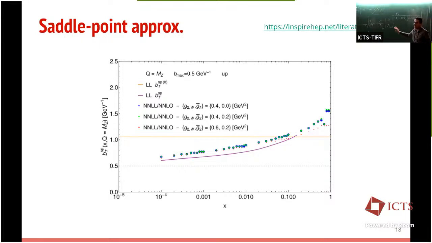So the saddle point was a number, around 1 GeV, at the boundary between perturbative and non-perturbative.